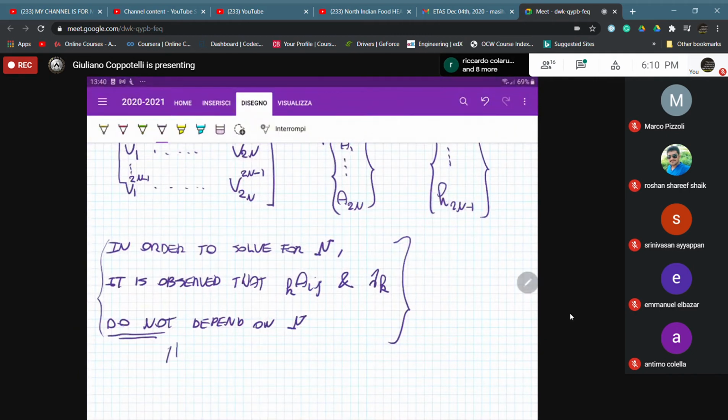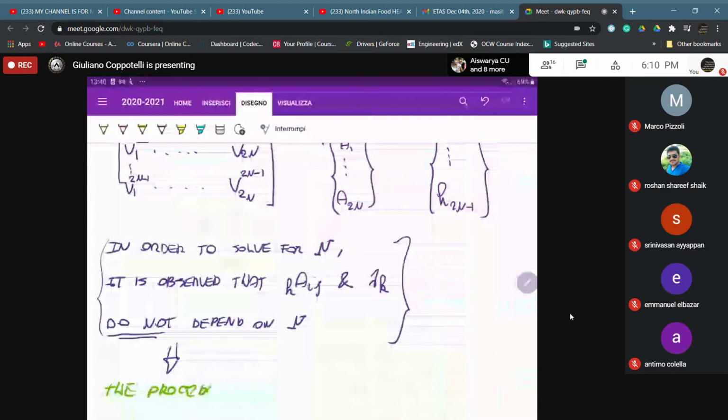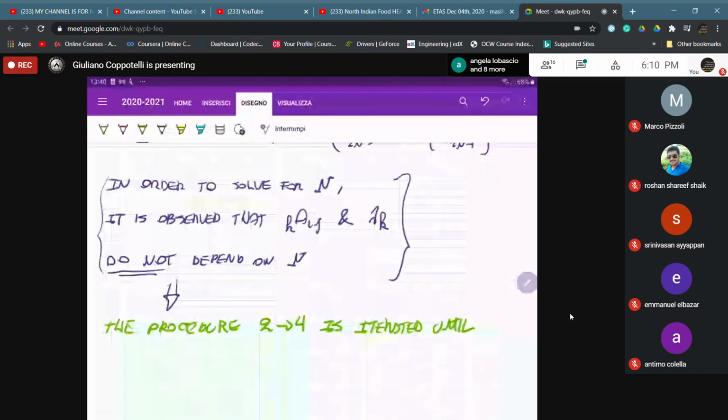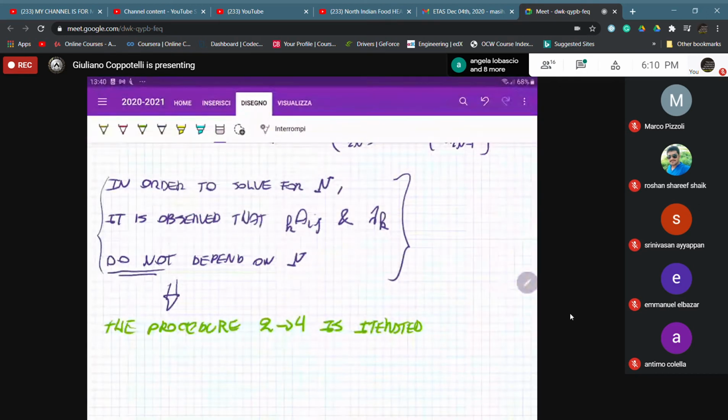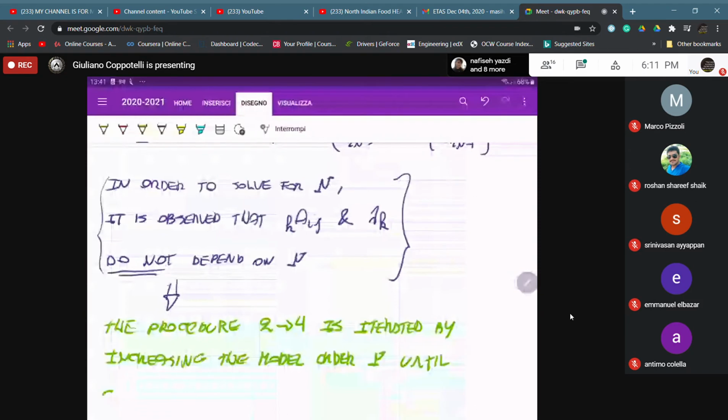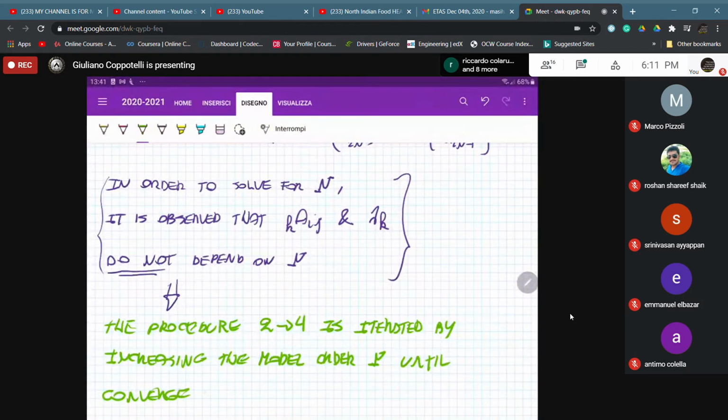So as a result, the procedure from 2 to 4 is iterated by increasing the model order until convergence is reached.